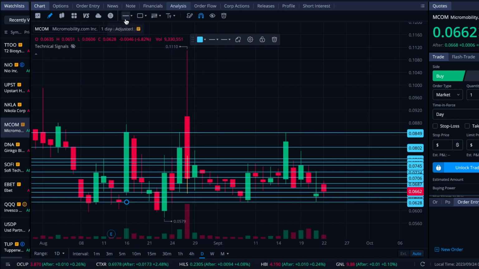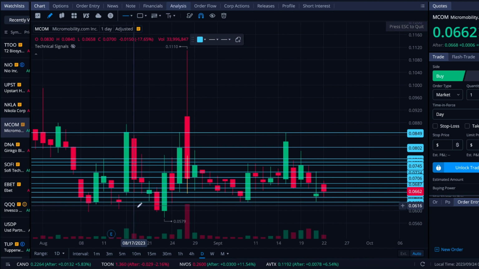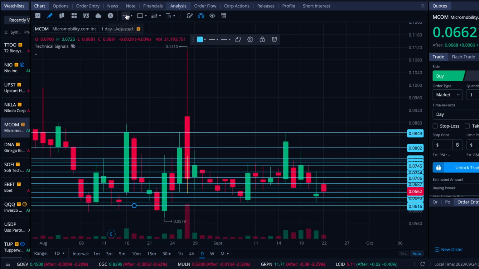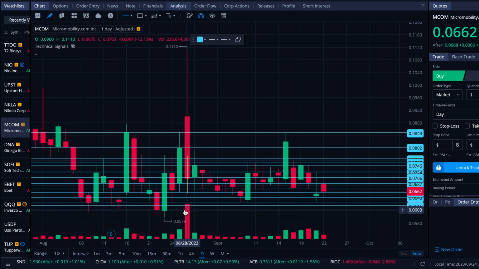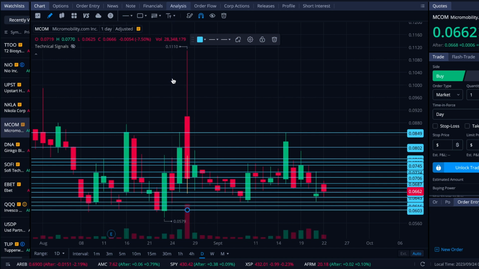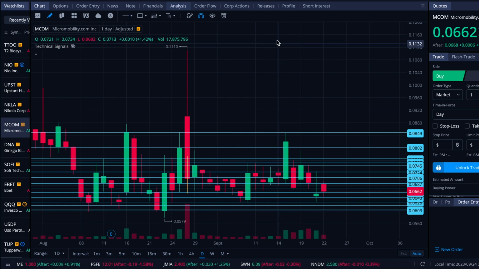These are fractions of pennies, but this is a very, very low price stock. 616. I'm not really sure how low we should go here. There might be some price action that gets filled in between this, but just above 6. Yeah, then it sort of gets too thin to tell, so I'm not going to go below that.